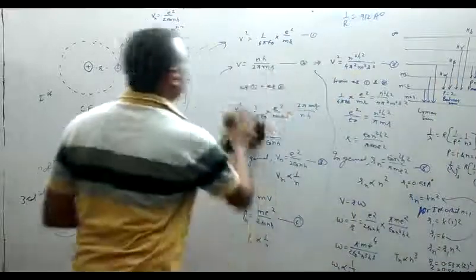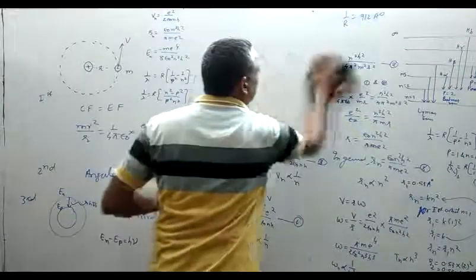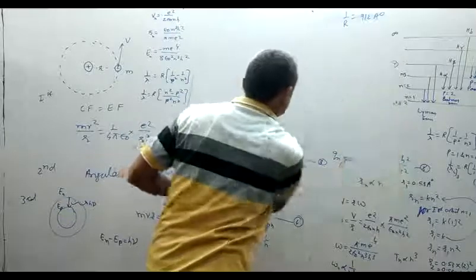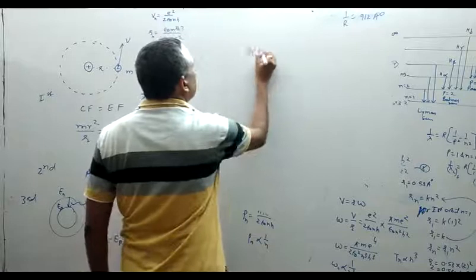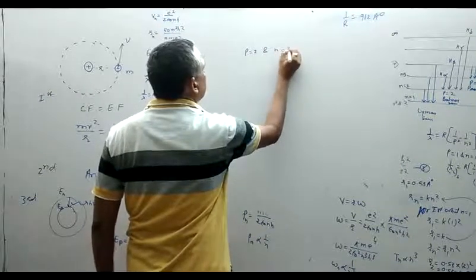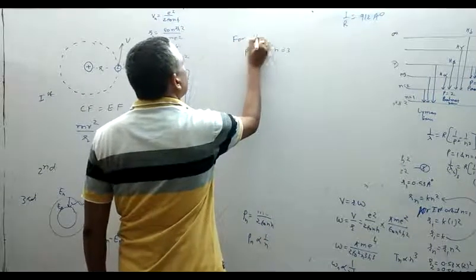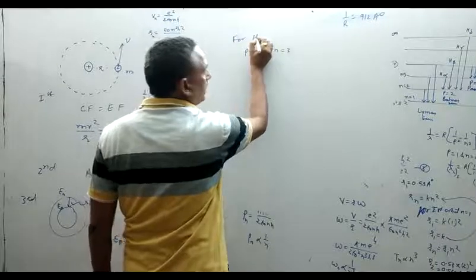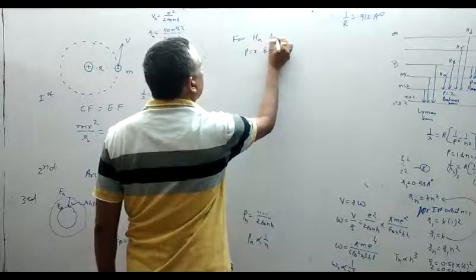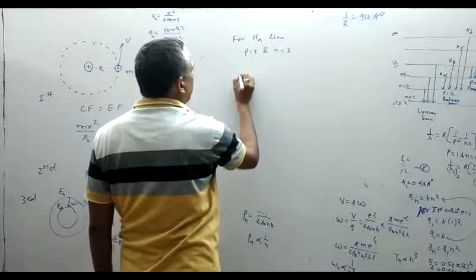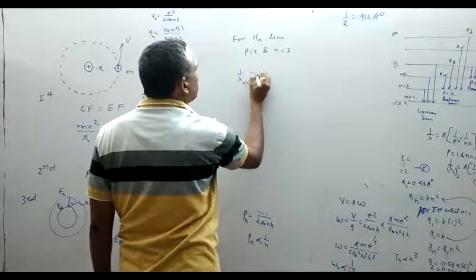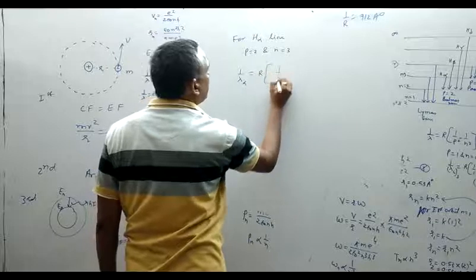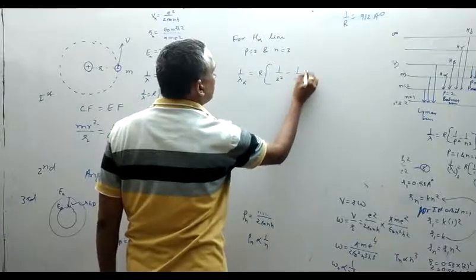So 1 upon lambda alpha is equal to R in bracket 1 upon 2 square minus 1 upon 3 square.